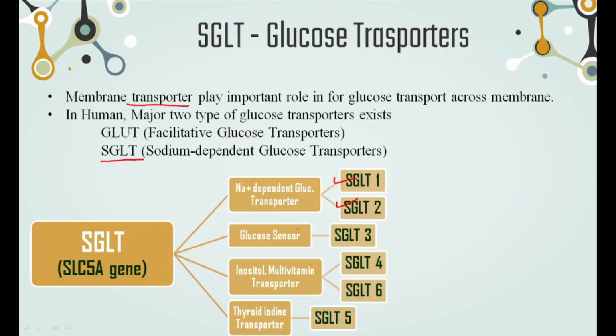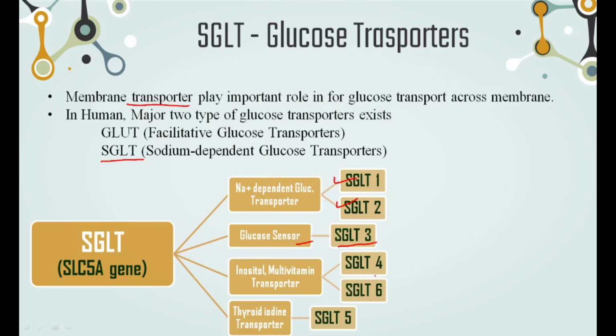Next is the glucose sensor, SGLT3, which is mainly expressed in the skeletal muscle and nervous system. Next, the inositol multivitamin transporters are SGLT4 and SGLT6.